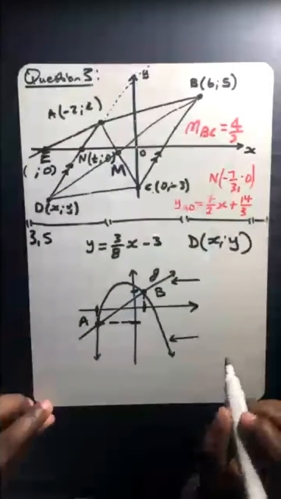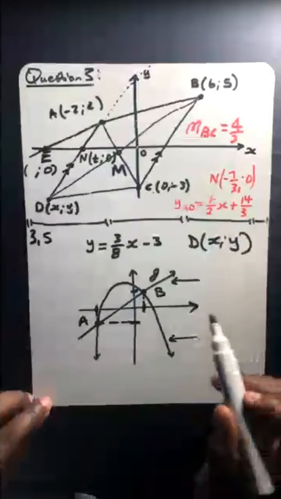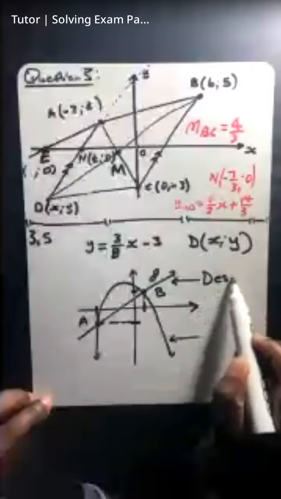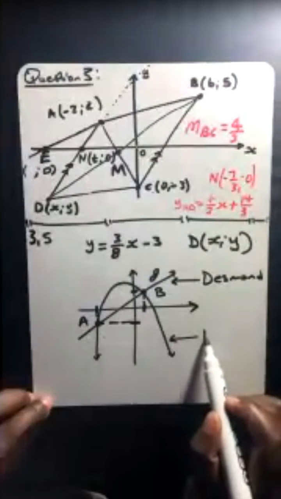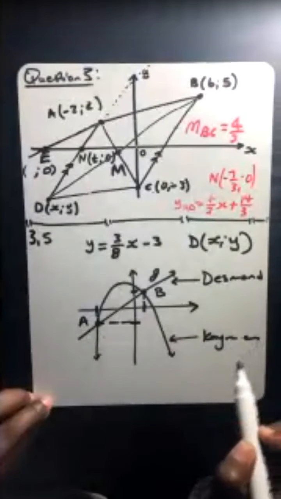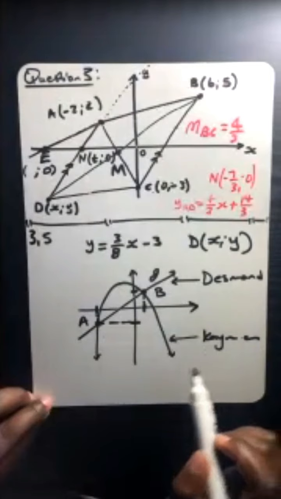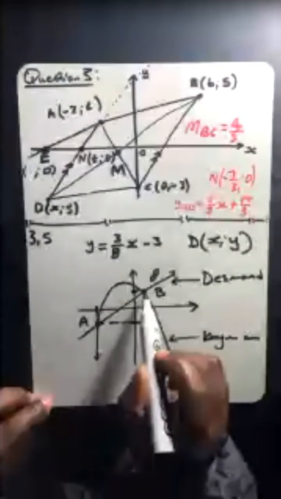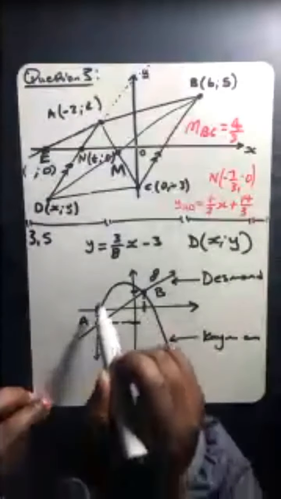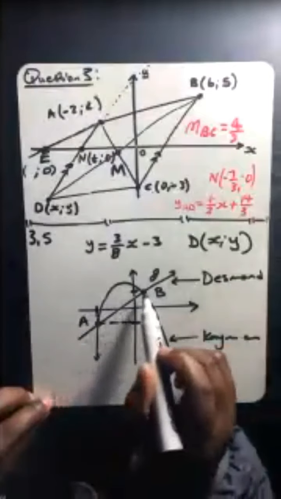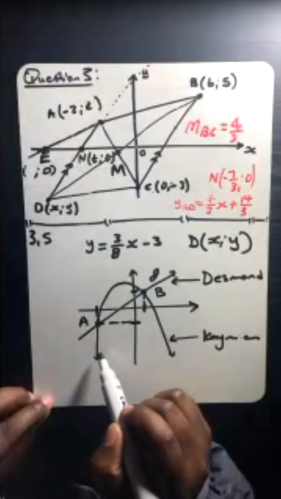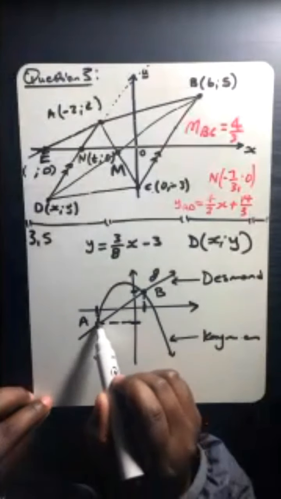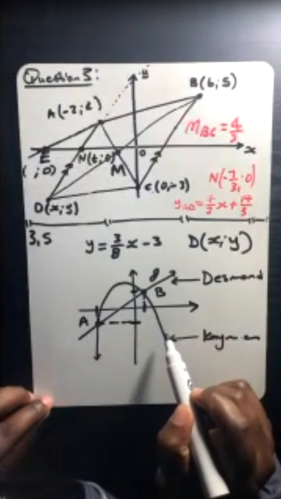So if that straight line is called Desmond and that parabola is called, let's say, Cayman, at point A and B these two lines intersect, which means at the point of intersection the two graphs are equal.